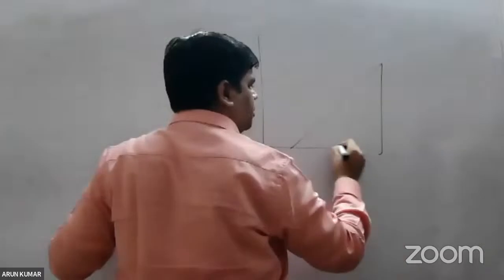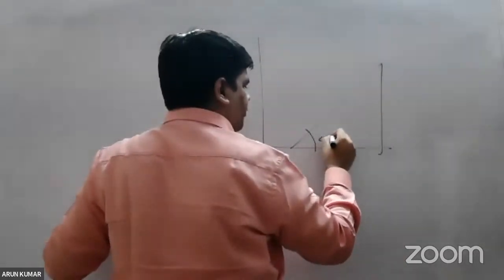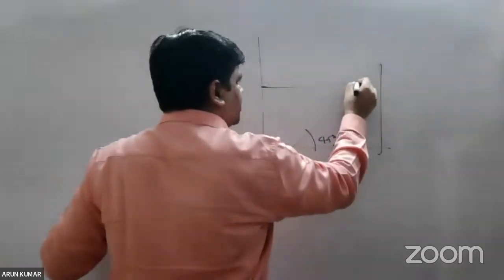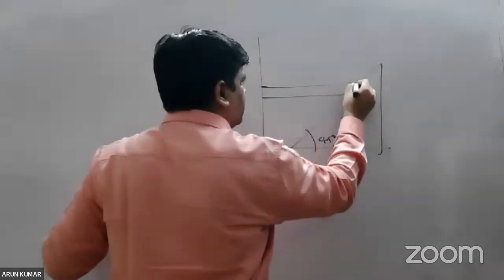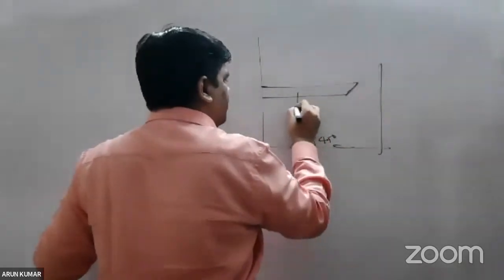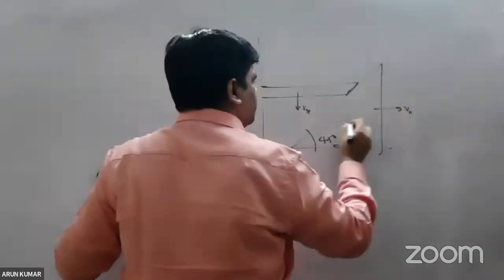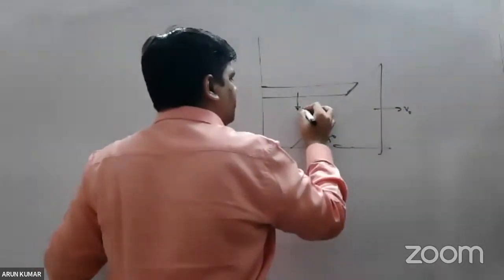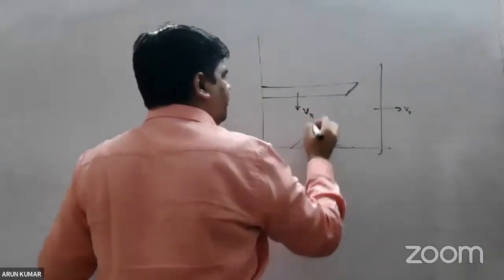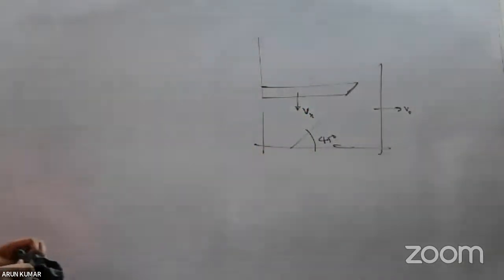This is a wedge at an angle of 45. There's a rod like this. I have to find the vertical velocity of the rod. It's going towards right with velocity V naught. It's coming down with velocity V or Vx. I have to find the vertical velocity of the rod.